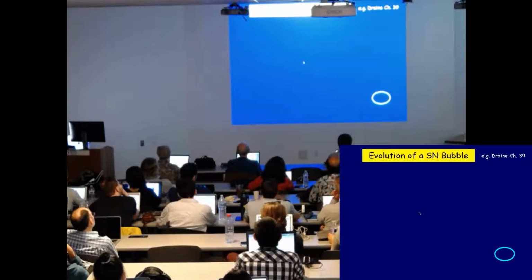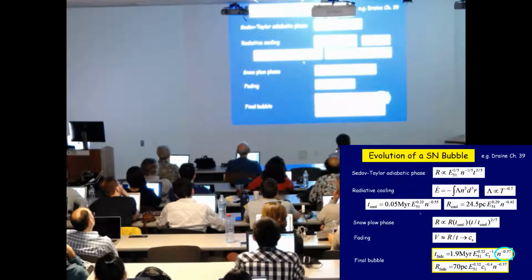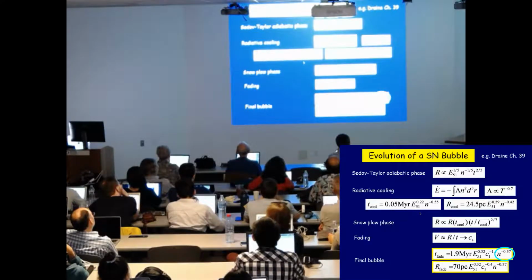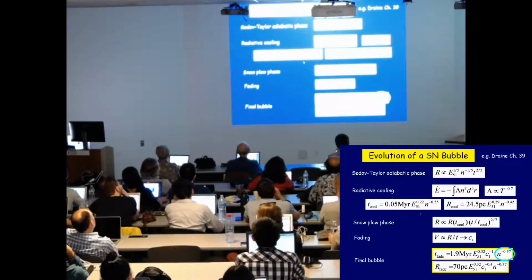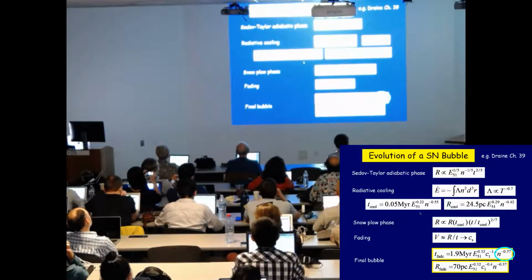If I want to go into more details here, this is the basic way this bubble behaves. This is the self-similar Taylor-Sedov stage. This is the number density, this is the time. You can get this just from dimensional analysis. The cooling, you compute over the bubble. I'm assuming here a very simple cooling function in this temperature range we're talking about.